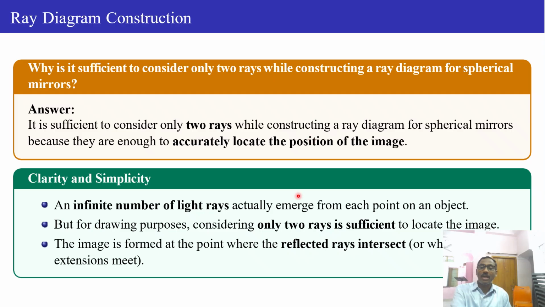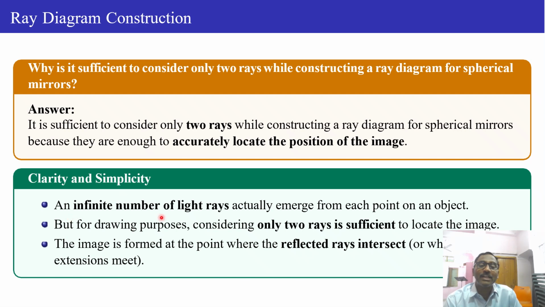So in all those cases, we will consider only two rays, and after reflection, where they are intersecting, based on that we will discuss how it forms the image of the given object. See here, clarity and simplicity.